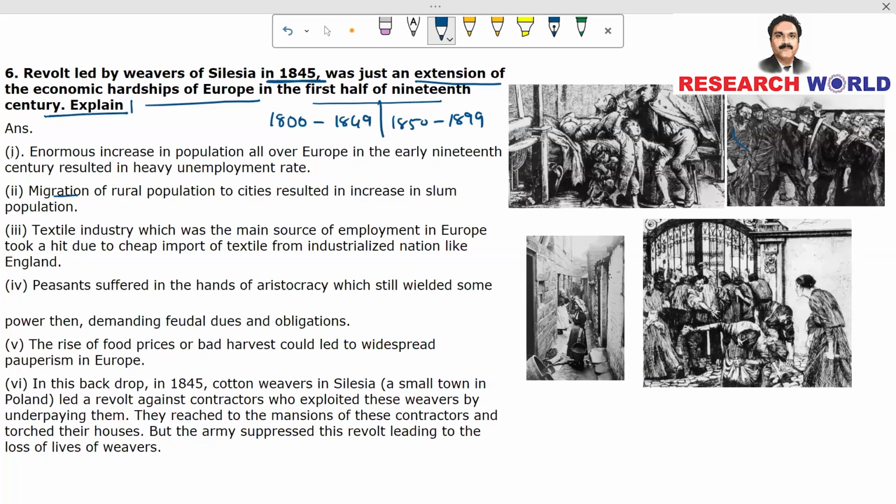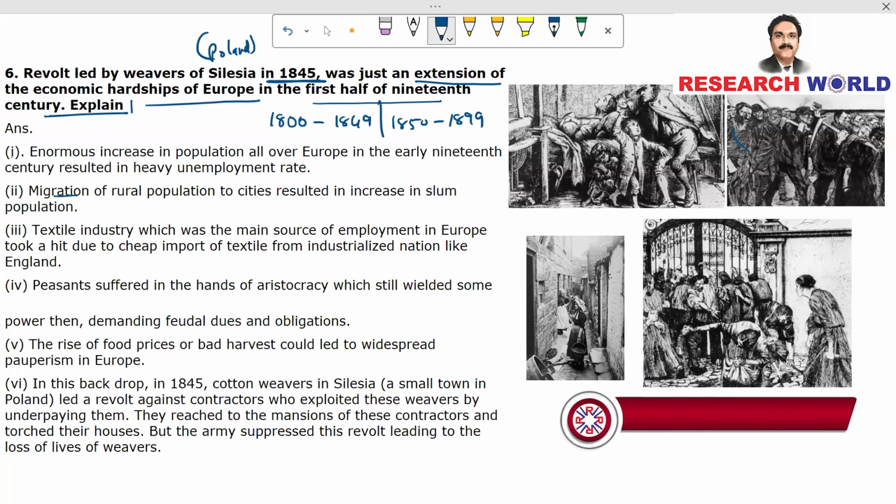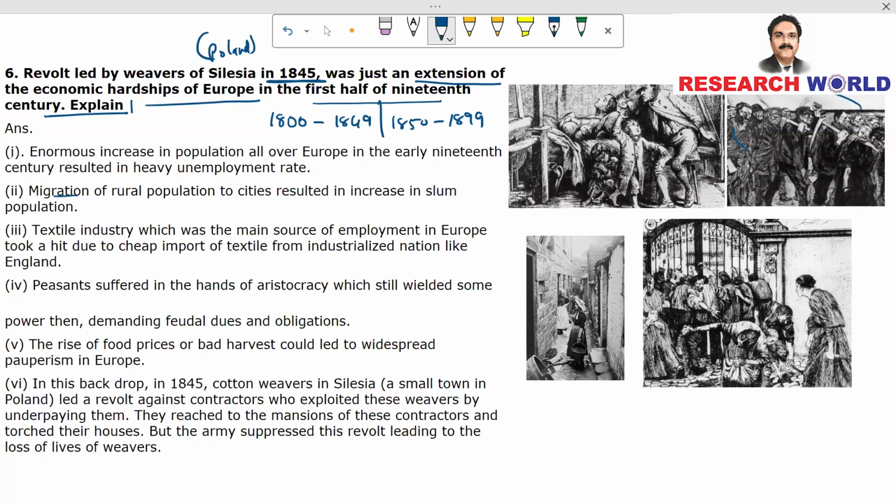Silesia is a small town in Poland. This revolt by weavers was considered as a symbol of, an extension of the economic hardship that loomed all over Europe in the first half of 19th century. Some kind of portrait I have just given to you to get some image.